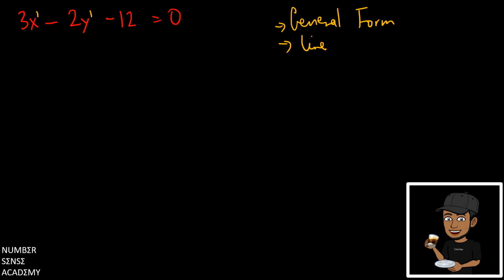But we can't really speak about the slope because we don't have enough information. Or we have the information, but we need to put it in a form that we can understand. So just for now, I'm going to do some quick manipulation to get this into slope-intercept form. We're going to isolate y.